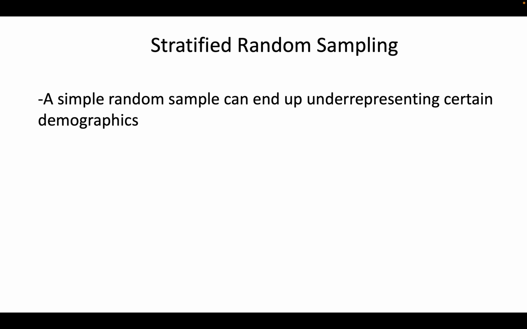It's totally possible we're not going to get one old person in our sample, but that's not representative of the population because the population does have some old people. So there's something called stratified random sampling, where we can ensure that these demographics that would potentially be underrepresented if we sample at random become represented.